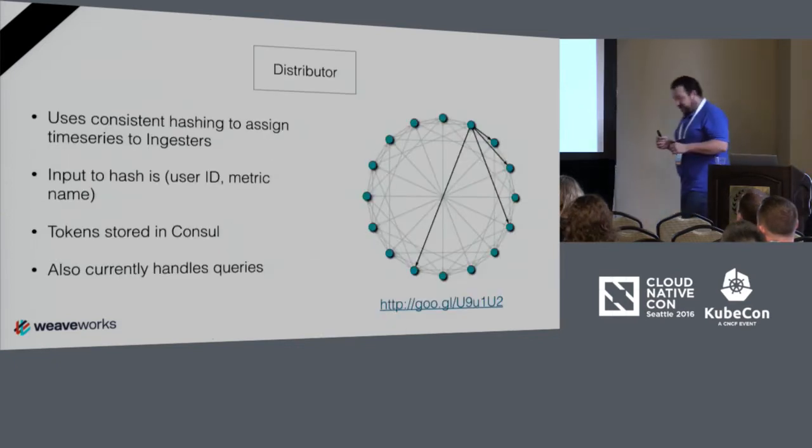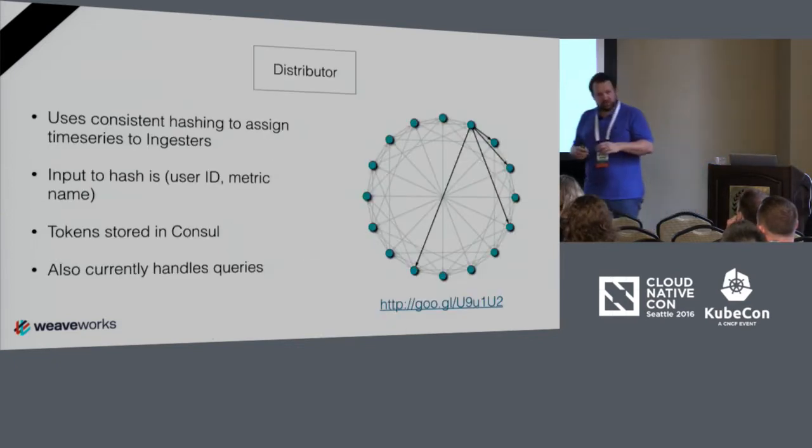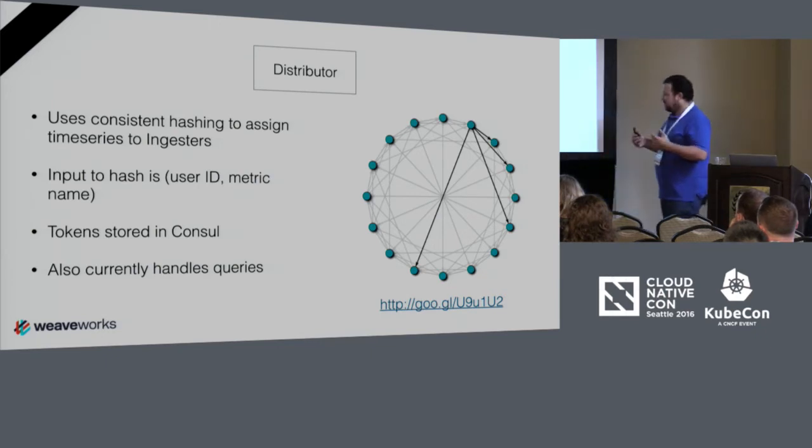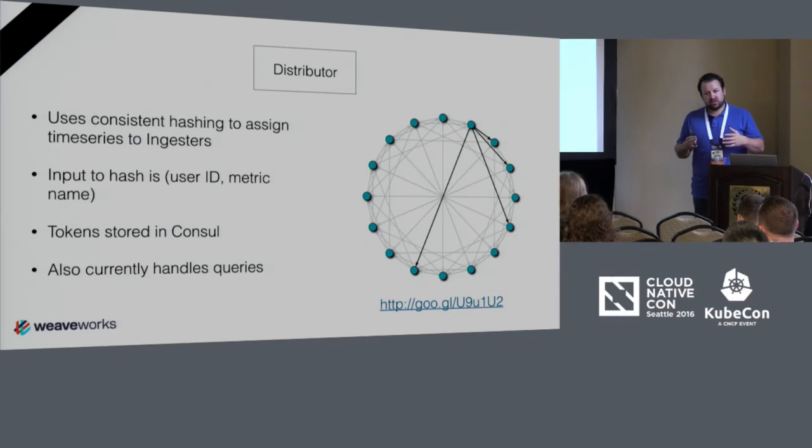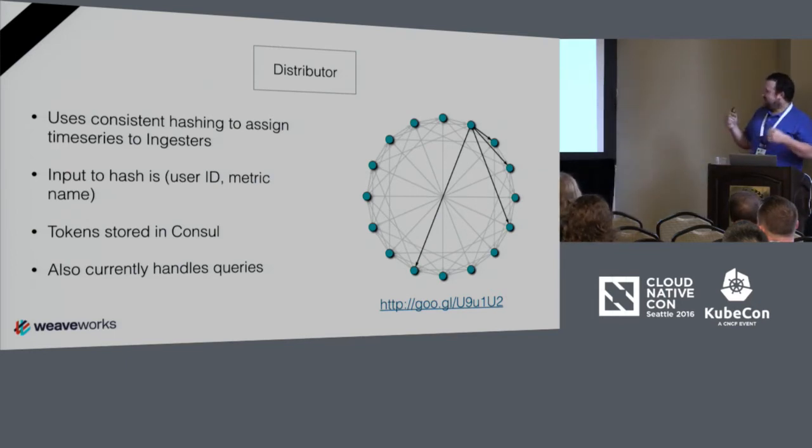This is maybe the most hardcore distributed systems bit of this. Have you seen Cassandra's virtual node implementation? Yeah, okay, one guy's nodding his head, great. It's based on Dynamo, the original Dynamo paper from Amazon, and it considers this token ring. You consider this to be like 0 to 2 to the 64, and each ingester that comes along will pick a bunch of random points in this ring.